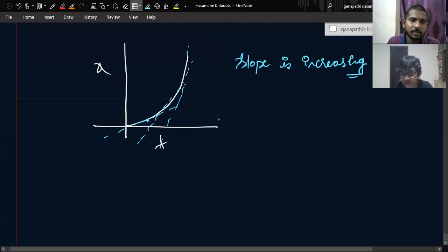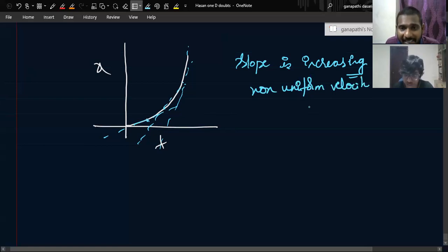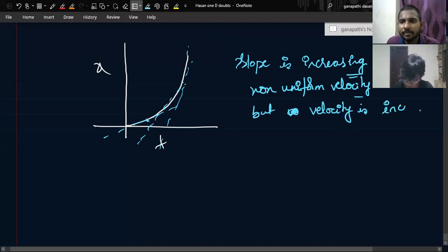Not uniform velocity, non-uniform velocity. But velocity is increasing with time. That means it is accelerating motion.